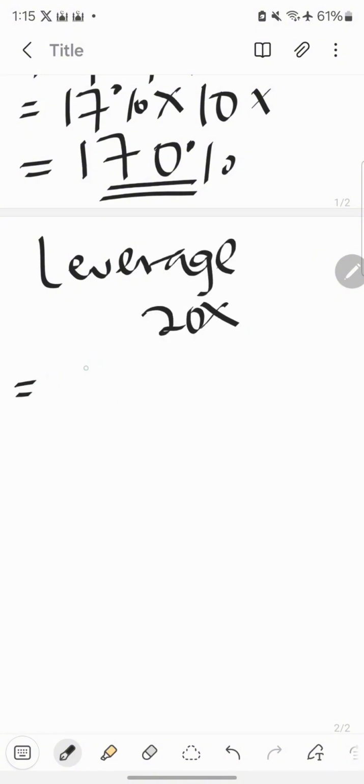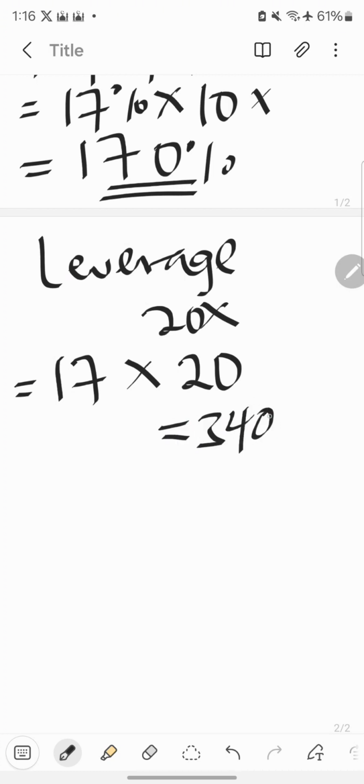So we now have 17% price movement multiplied by 20. Someone help me do the calculation; I don't have a calculator near me, but it should be around 340. Yeah, 17 multiplied by 20, yes, it is 340%. So this is the percentage of your profit if you use 20x.